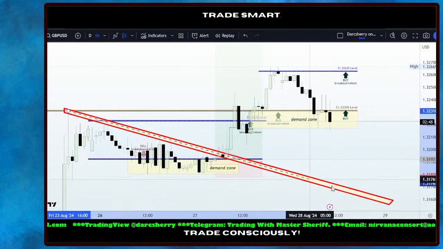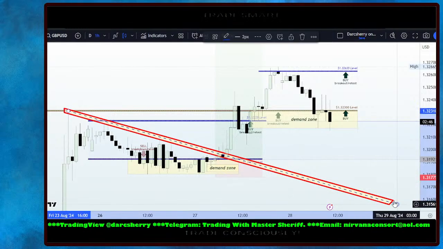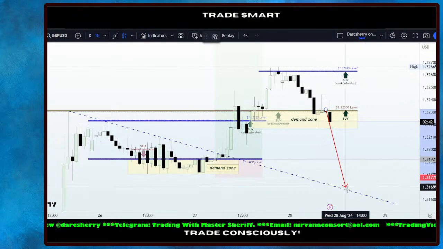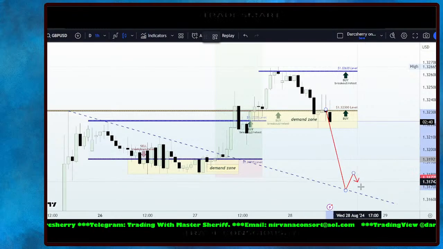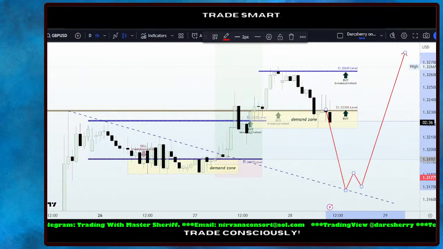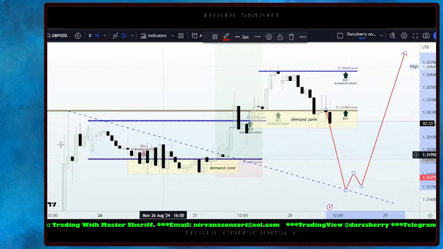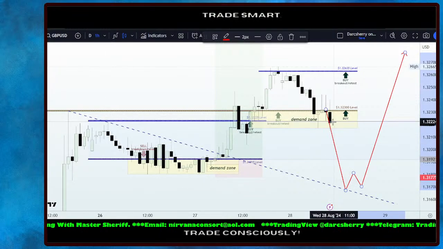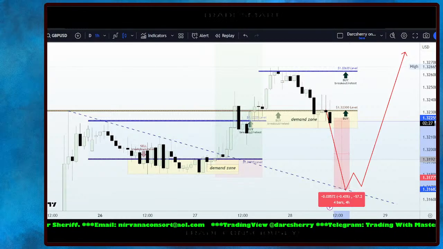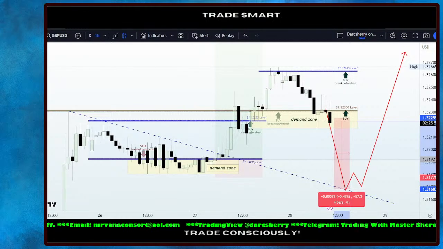So if I extend that trend line a little further to the downside, we may see a situation where price could drop into that structure before it builds up momentum for the second leg of the bullish move that started last week. And if we look at the distance between this area here and that trend line, we are looking at about a 57 to 60 pips TP target.